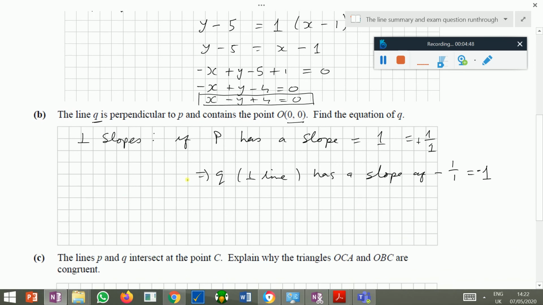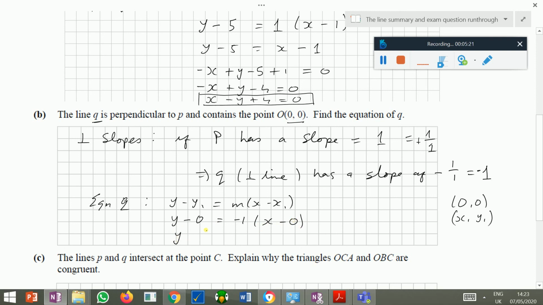So we have a slope, minus 1, and the point (0, 0), and we get the equation. The equation of the line Q is y minus y1 equals m times x minus x1. Our point here is (0, 0), we're going to call this (x1, y1) for putting it into the equation. y1 is 0, minus 1 is the slope, x minus 0.